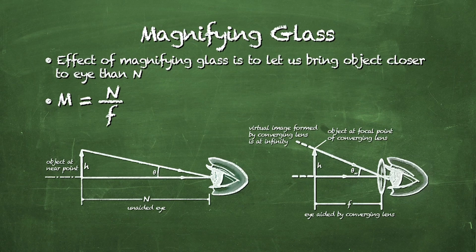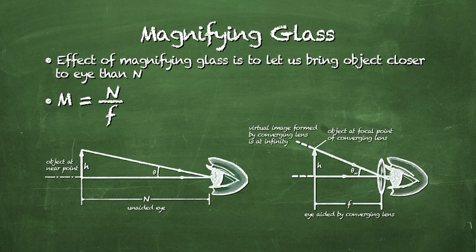In the diagram here, you see an object at the near point to an unaided eye. The object has a certain height and the near point is a certain distance. So the object takes up an angle theta in the person's eye.